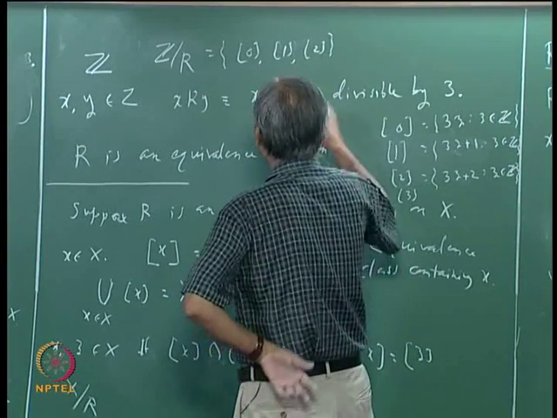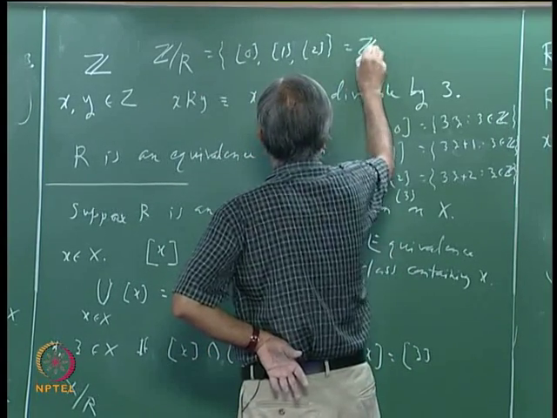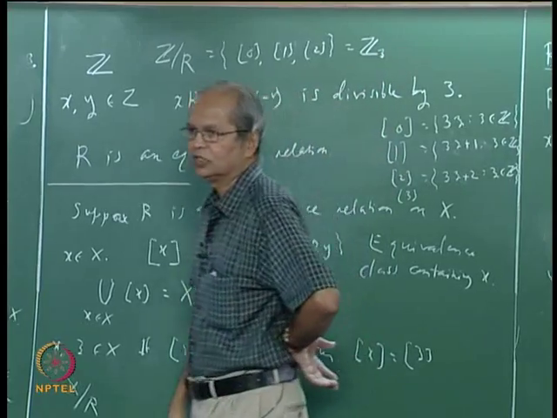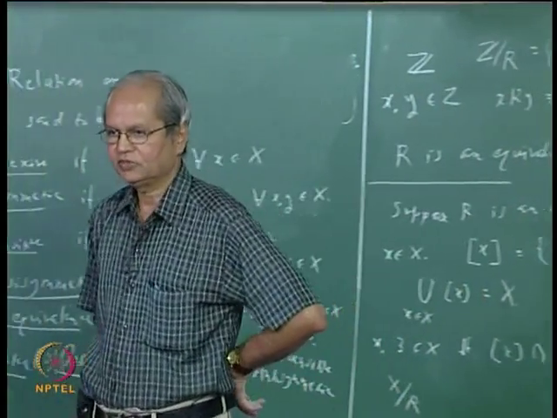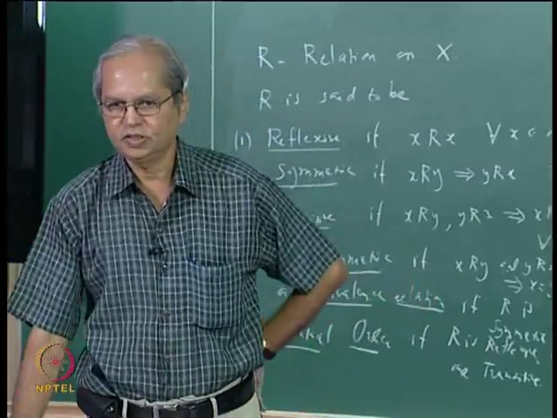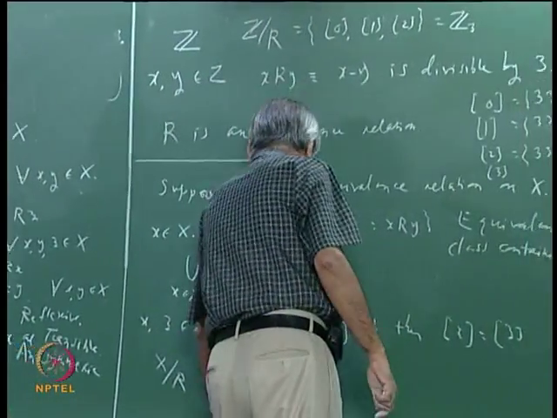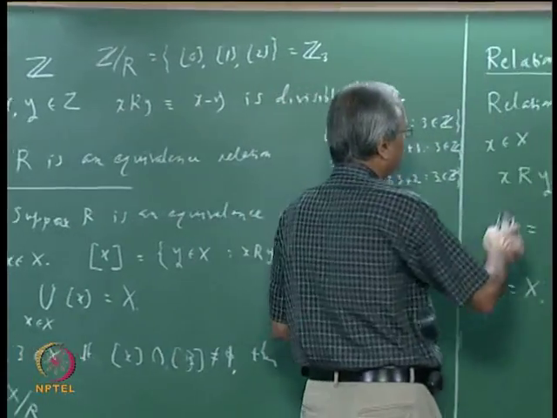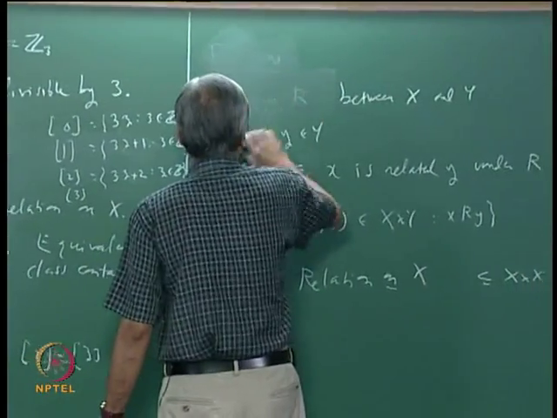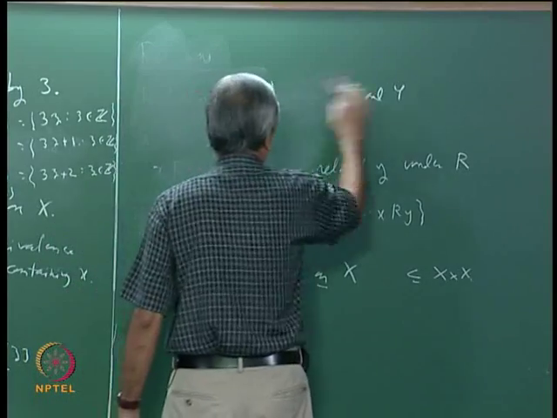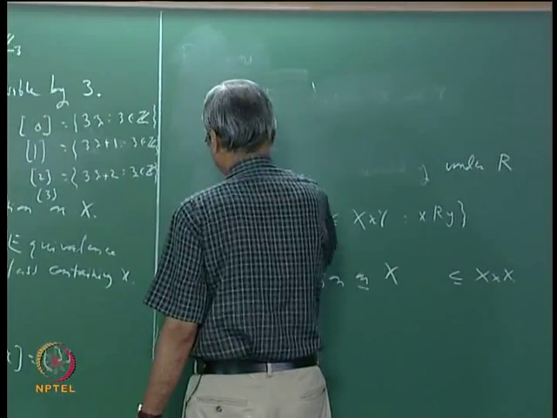You may have come across this, it is usually denoted by Z3, Z suffix 3. Have you come across this notation? It is popular in group theory. I will give you another example as an exercise. Whatever we have done about this example, similarly check for this.